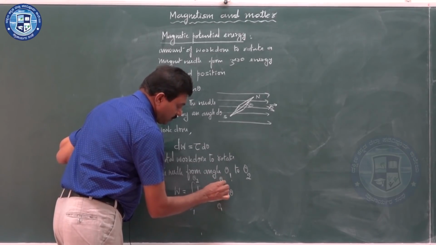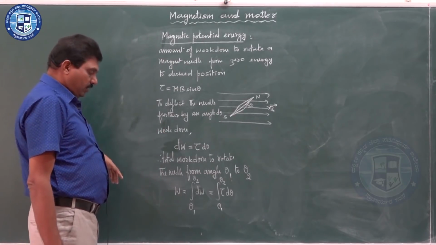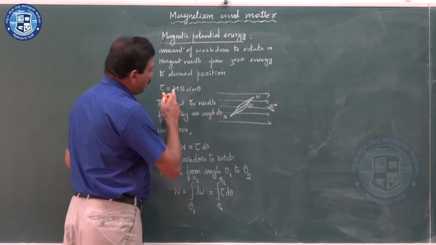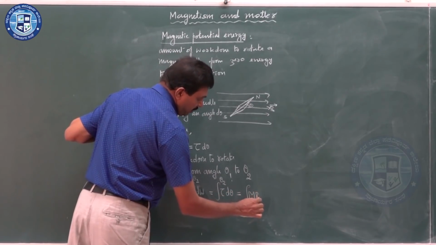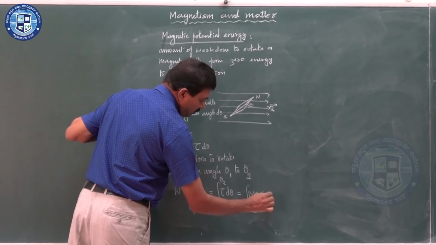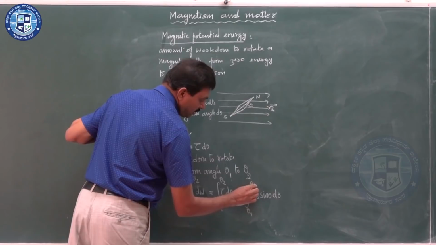So we will substitute dW as torque into d theta, and limits once again theta 1 to theta 2. Now we will substitute for torque. Torque is equal to m B sin theta d theta, from theta 1 to theta 2.